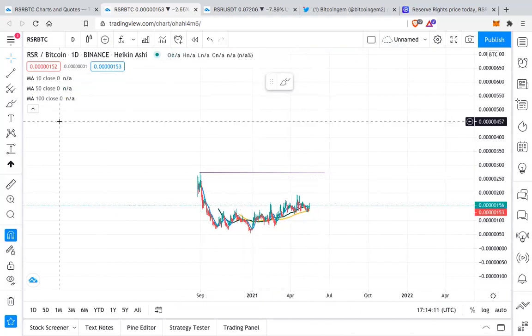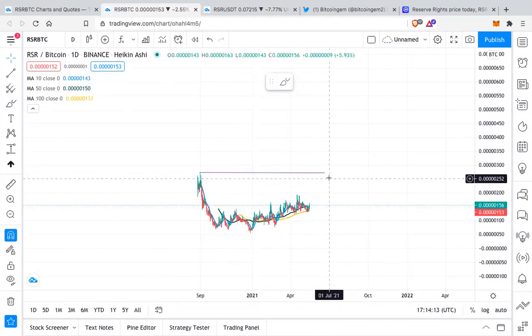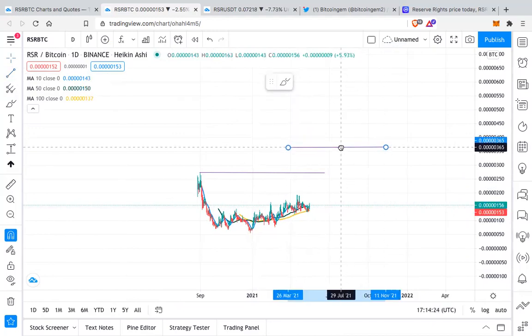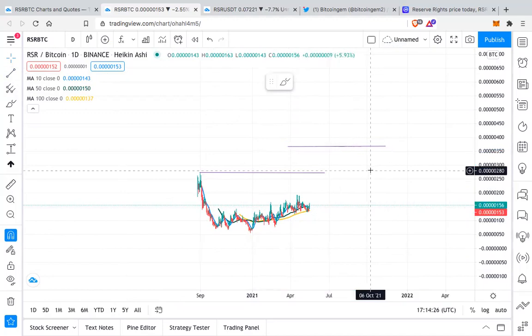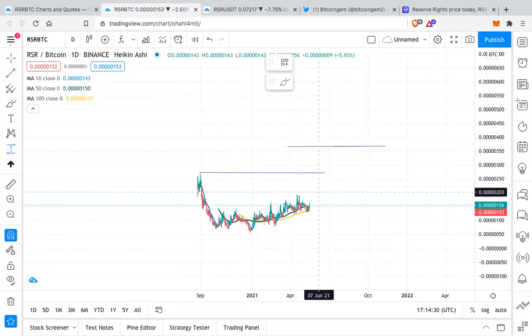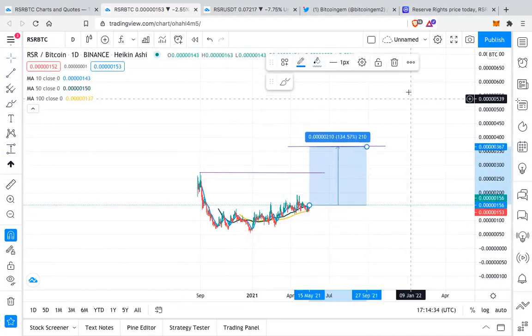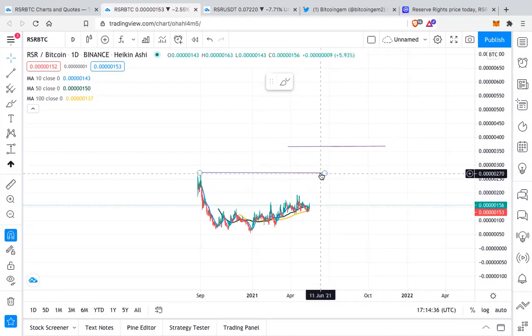To me, it looks like, if not more, at least what you can expect is a new all-time high somewhere over here at around 300, 350 Satoshis. So this is a definite possible scenario for RSR. So I think you can at least consider it retesting its all-time high.